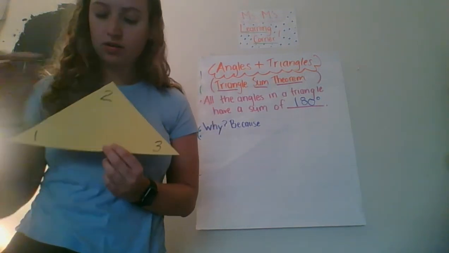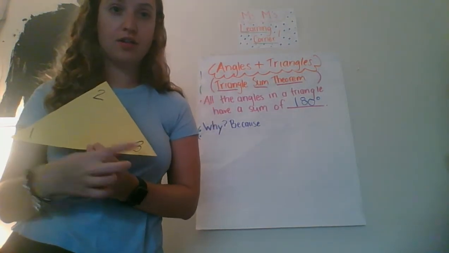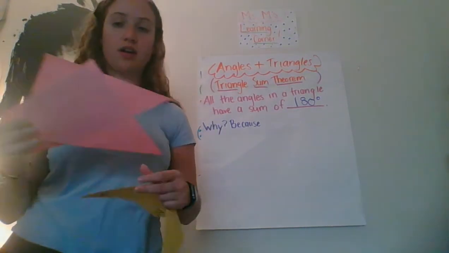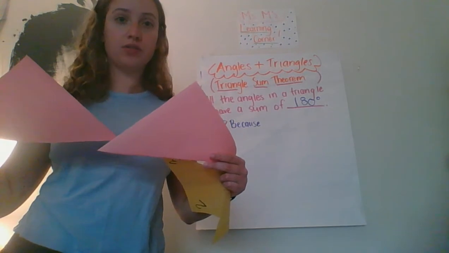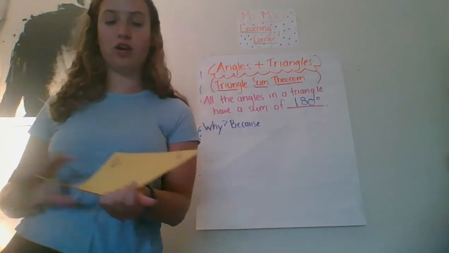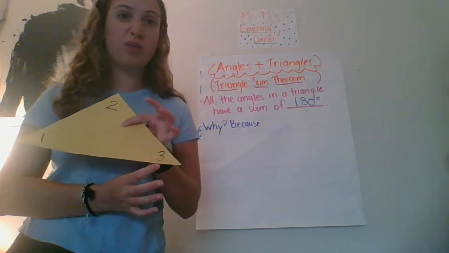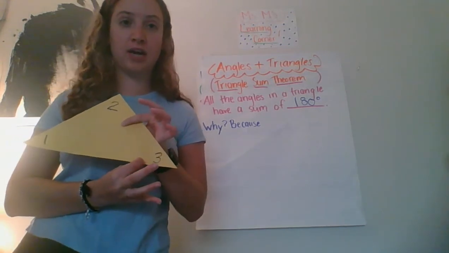One, two, three. So go ahead and take a minute, create your square, cut your square into two different triangles, and label both of your triangles 1, 2, 3. You can pause the video here too if you need some extra time.